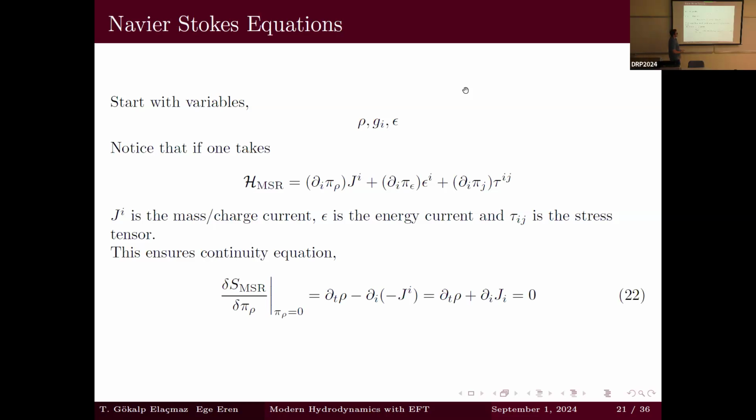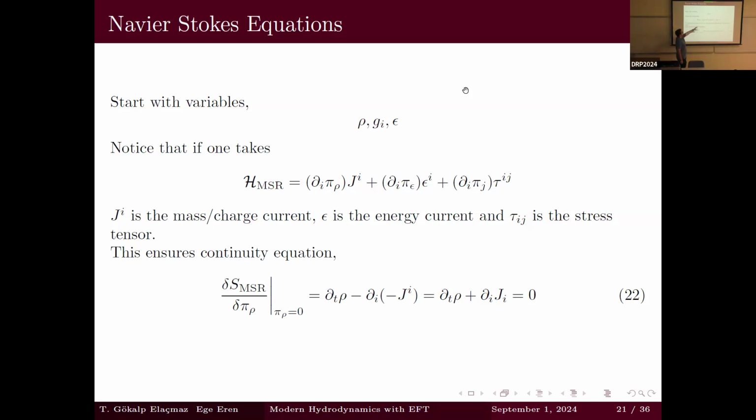So for Navier-Stokes, let's go to our aim from all the way back. We need to derive the Navier-Stokes equations using this Hamiltonian and the action of SMR. We know that in these systems, physically, mass, momentum, and energy have to be conserved.